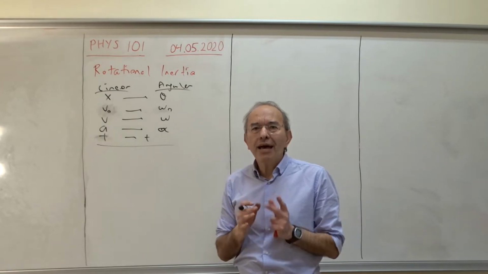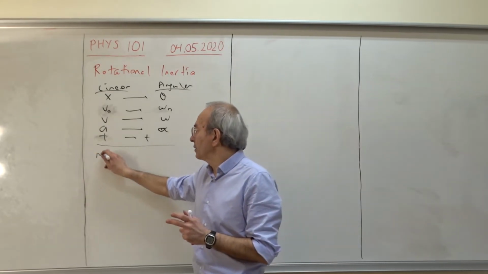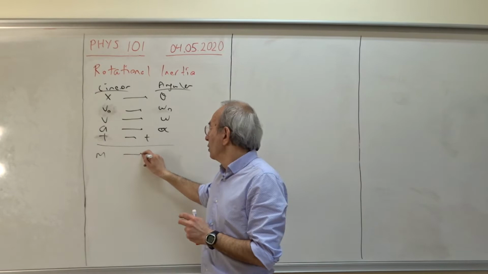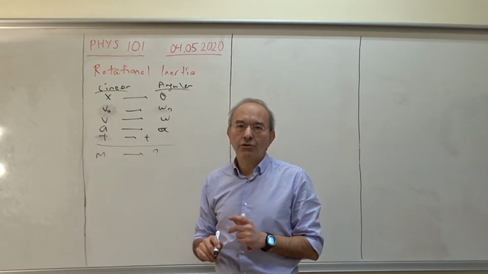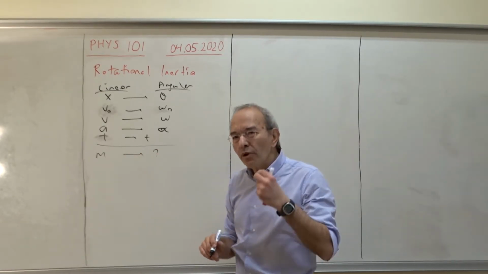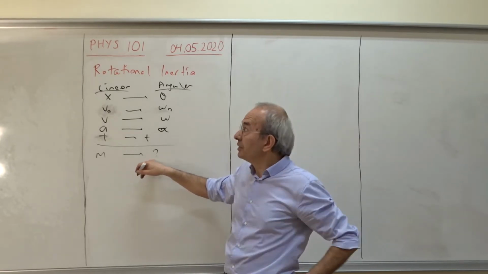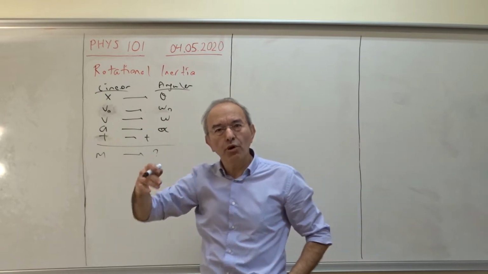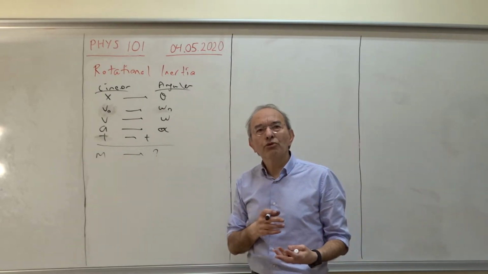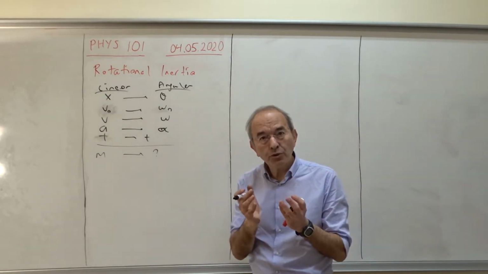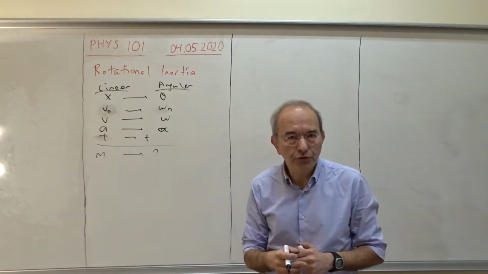But now let's consider mass. So the mass in the linear motion corresponds to what in the angular motion? What is the concept of this quantity, first of all? Its name is inertia, rotational inertia, moment of inertia. But what is it conceptually from the physical point of view?